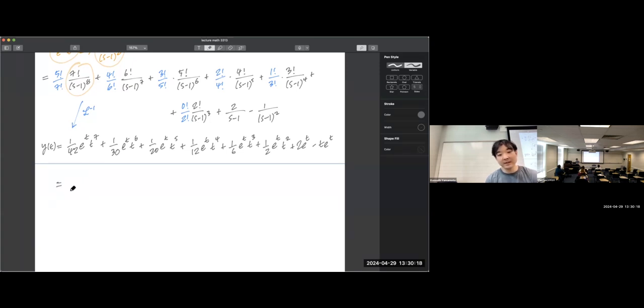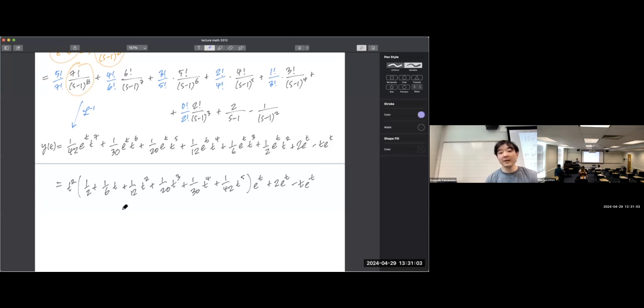So you could just say this is the same as, and I'll just reverse the order, factor out a t squared, and then it'll be 1/2 plus 1/6 t, because I factor out a t squared, plus 1/12 t squared, plus 1/20 t cubed, plus 1/30 t to the fourth, plus 1/42 t to the fifth. And then e to the t, because they're all going to be multiplied by e to the t, plus 2 e to the t minus t e to the t.